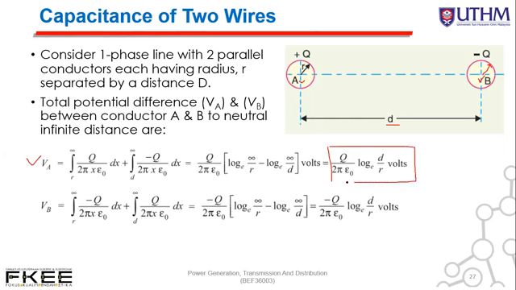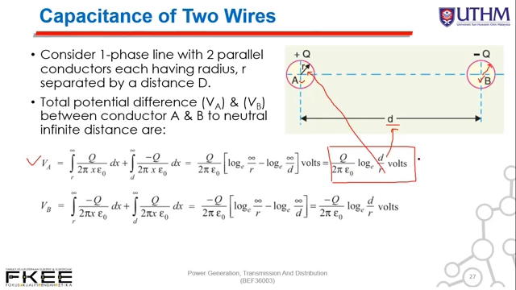D is the distance, R is the radius, Q is the charge in coulombs, and epsilon naught is the permittivity of free space.